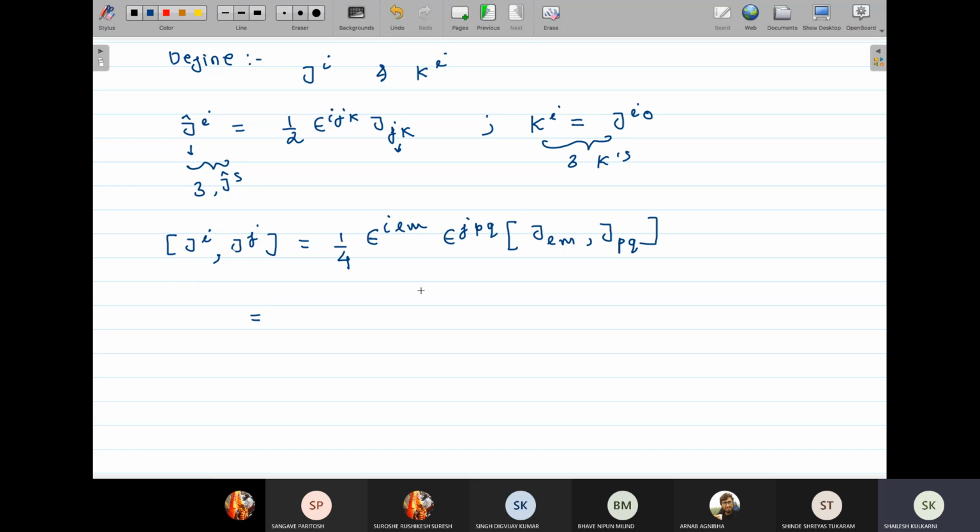If you substitute that commutator, you will get minus i. This 1/4 factor will disappear. Epsilon ilm epsilon jqm, where m is summed over, and Jlq.